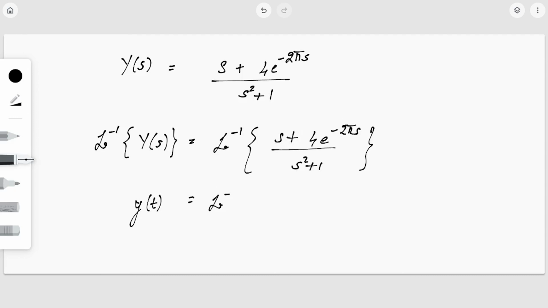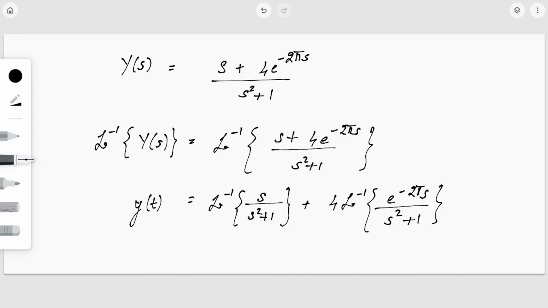What is the inverse Laplace transform of s by s square plus 1? This is nothing but cos t, and this will be 4 into this.